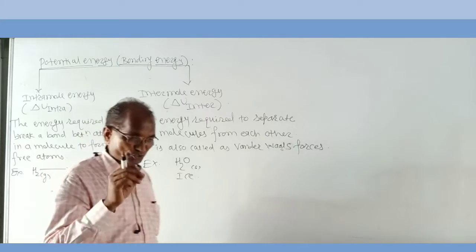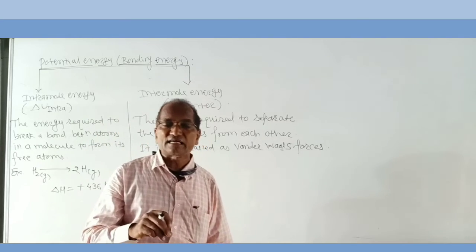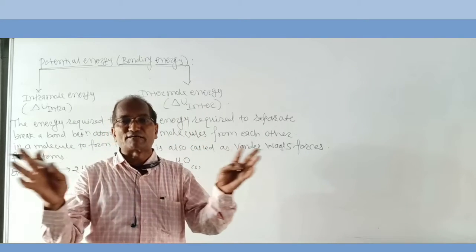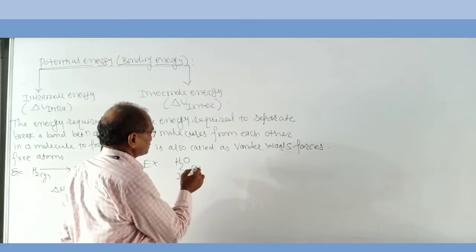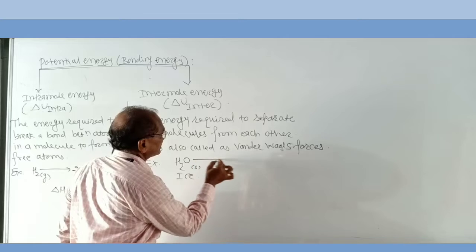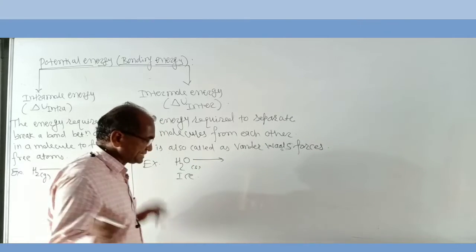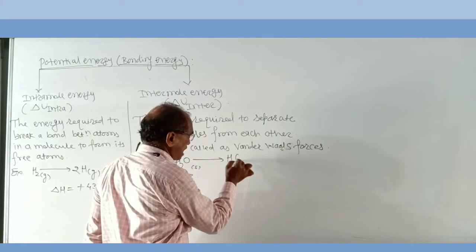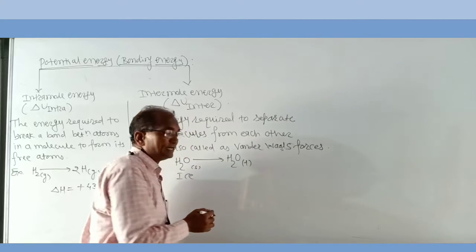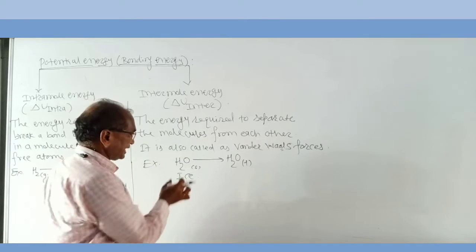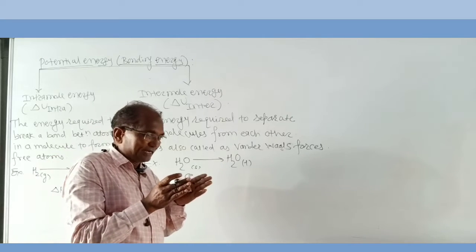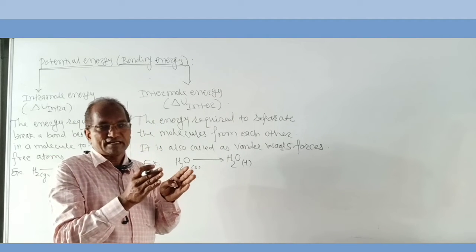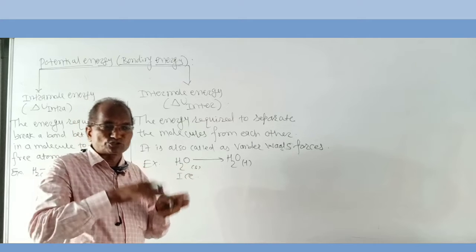In an ice cube, there are a number of water molecules. Then these water molecules in the solid are separated from each other to form H2O liquid. Means these H2O molecules are compactly arranged in the solid.